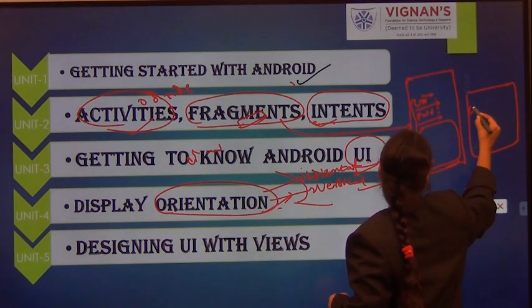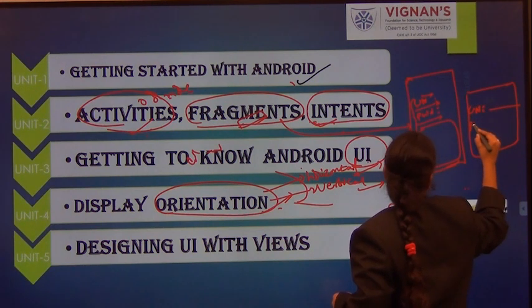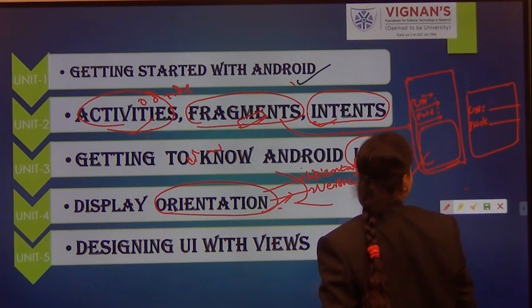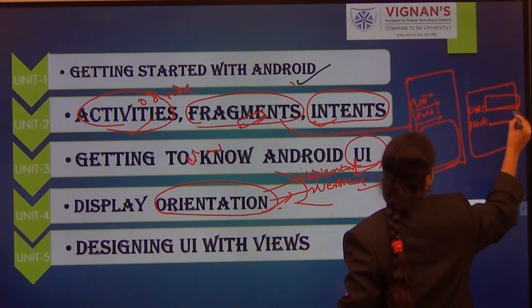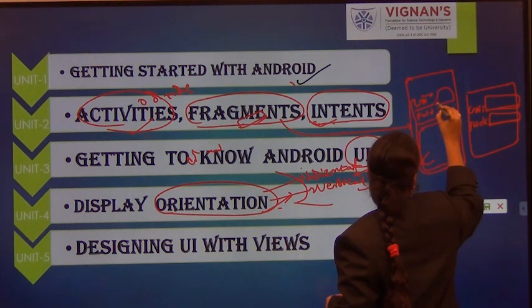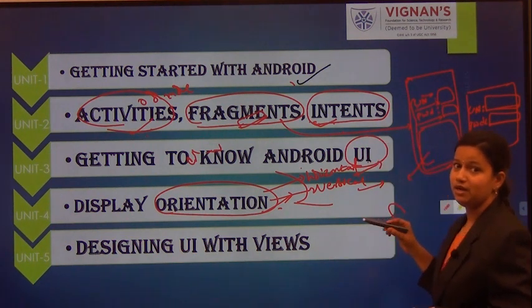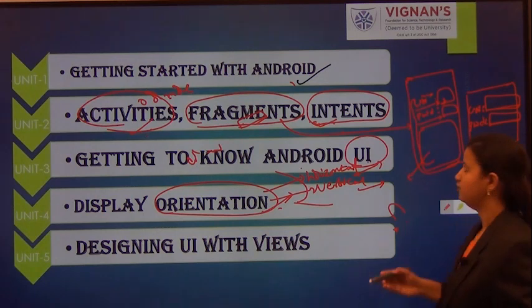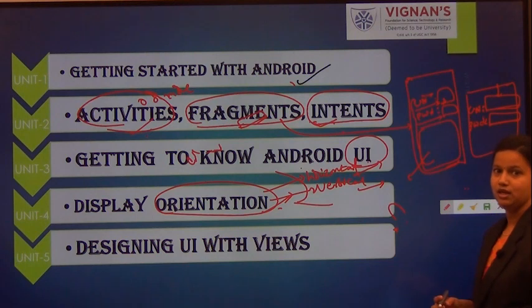So what did you observe? The space available to enter your username is less in vertical mode. When you compare it to horizontal mode, the user interface has more space.